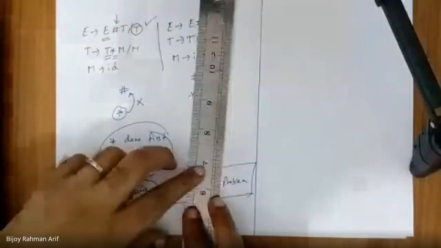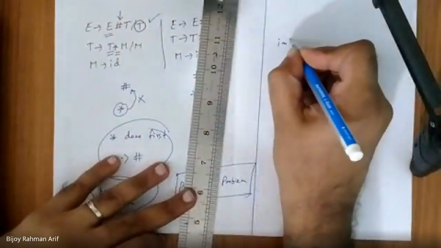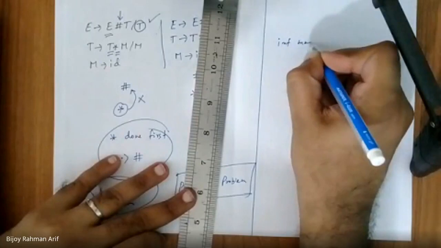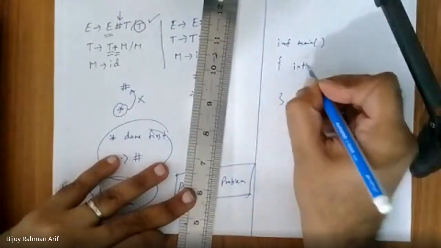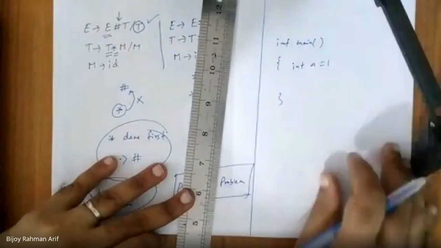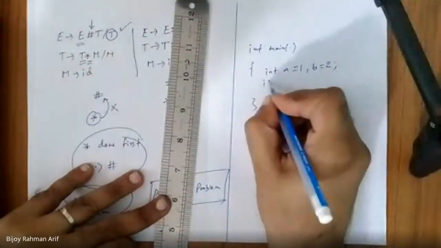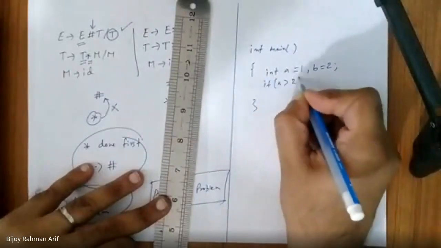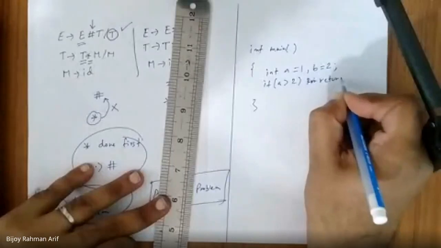Let me give an example. Suppose I give this: integer main, integer a equal to 1, b equal to 2. If a greater than 2, return 13.